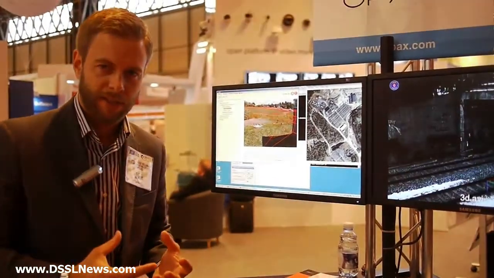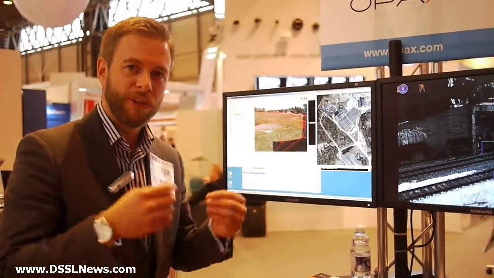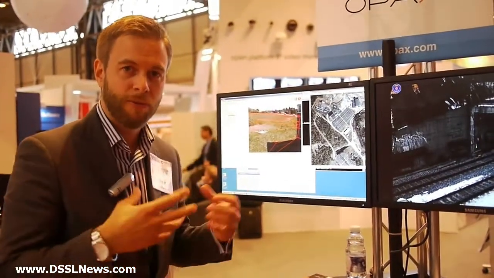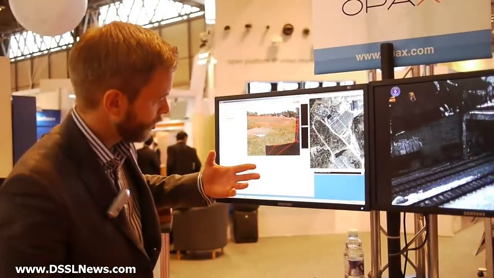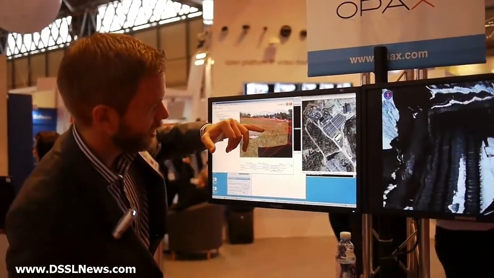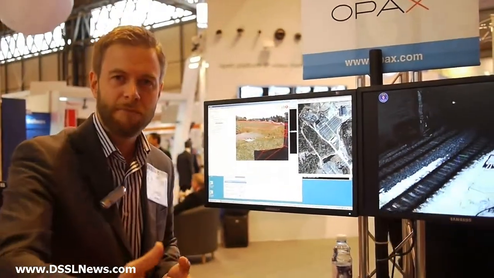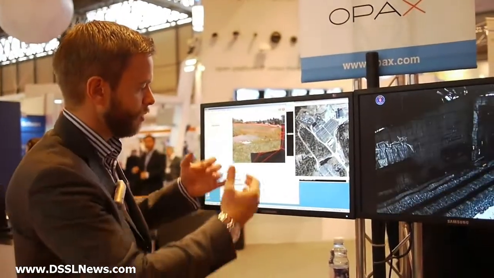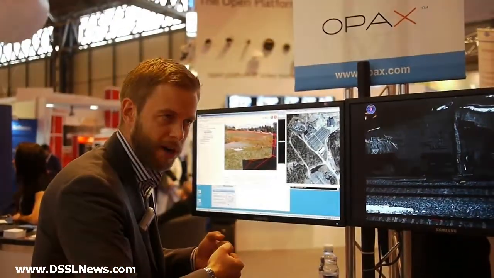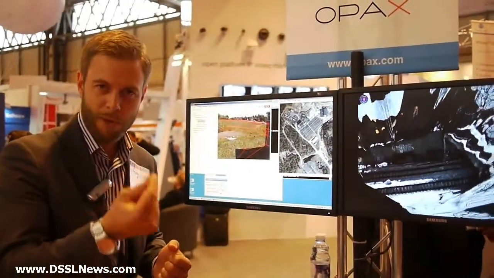The effect of this is suddenly we have what we call a virtual understanding of where the objects are moving. Because we know where the camera is, we can tell that the object that is moving is 35 meters away from the camera, because we know the GPS position of the camera and we know the GPS position of the object moving. That's number one.